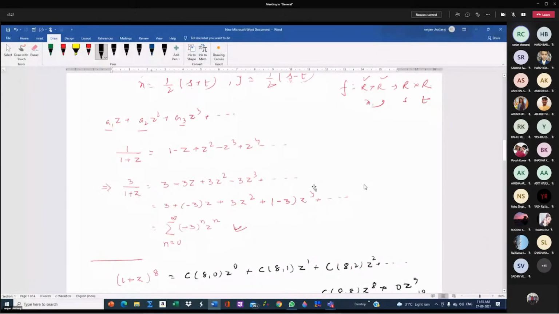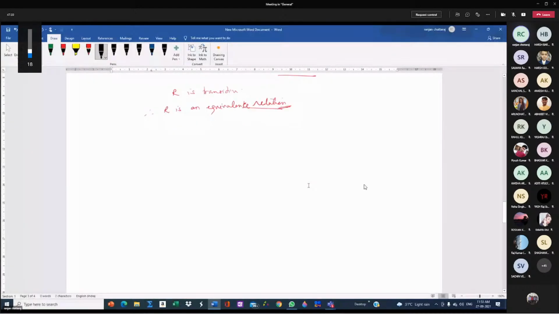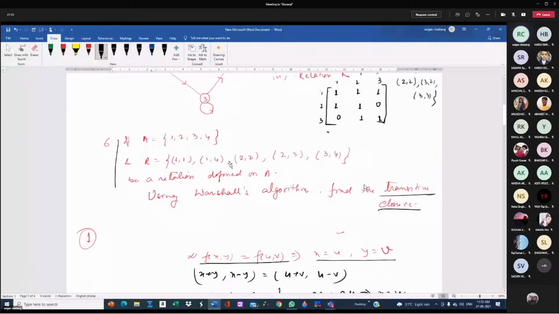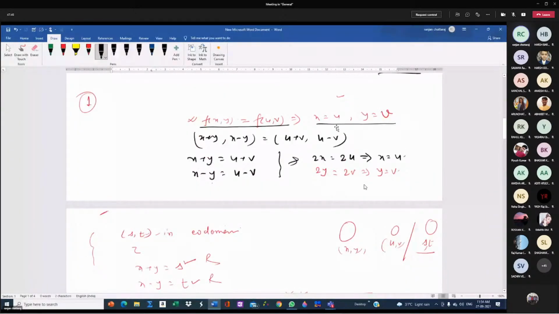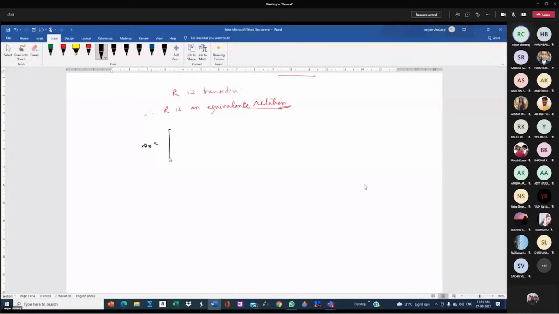So W naught is how much? It has (1,1), (1,4), (2,2), (2,3), (3,1), (3,4).